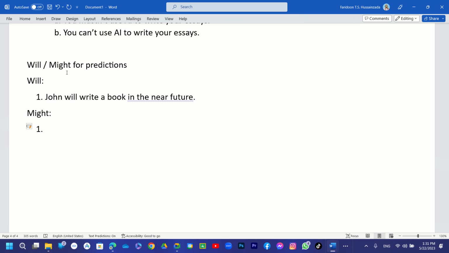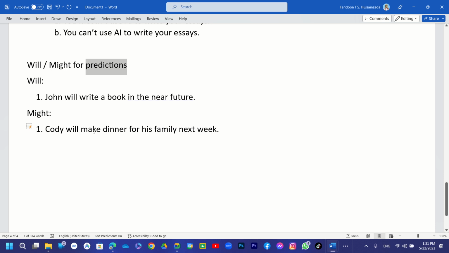Who should we say? Cody might make dinner for his family next week. So they're kind of like predictions about the future. Again, some of them might be a bit near 100% right, and some of them might not be that near 100%, but they are both predictions.